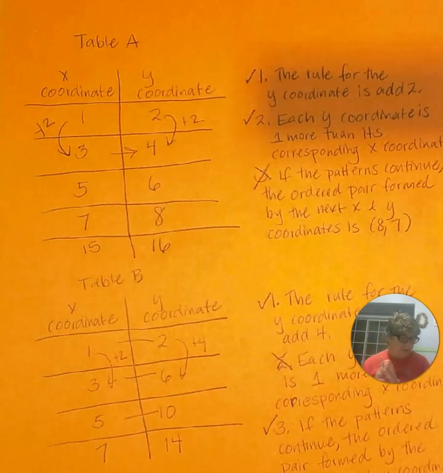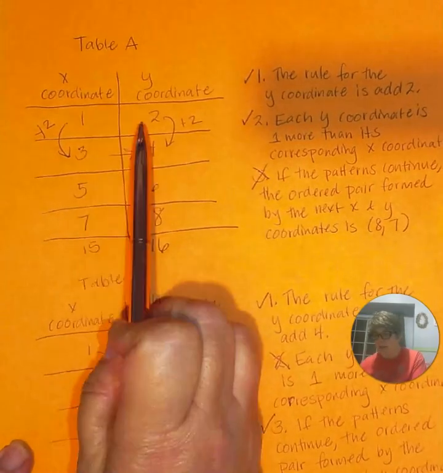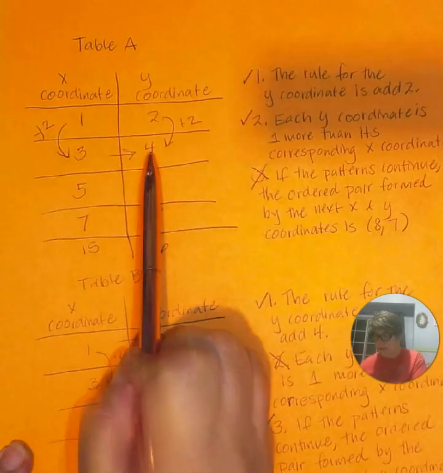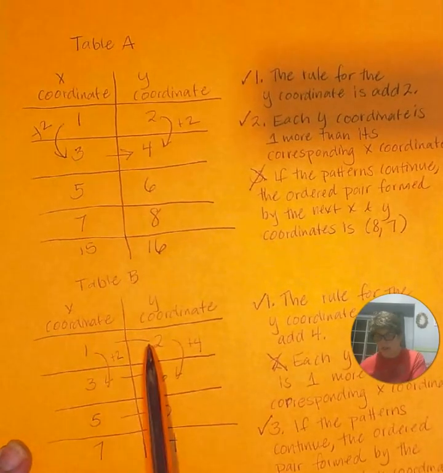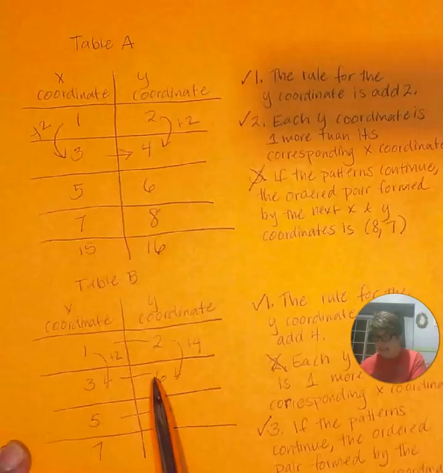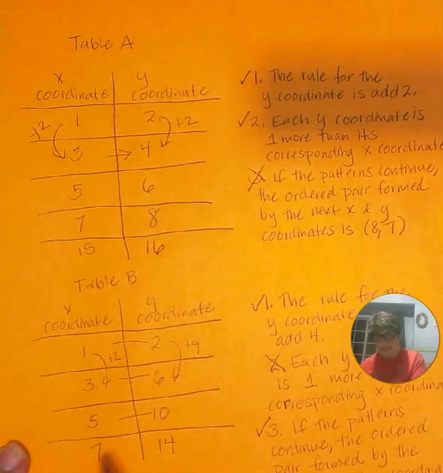Okay? We determined that not all y coordinates are one more than their corresponding x coordinates. Is there a number that we can add to each x coordinate to get the corresponding y coordinate? So here we could add 1, right? But here, adding 1, adding 3, adding 5, adding 7.